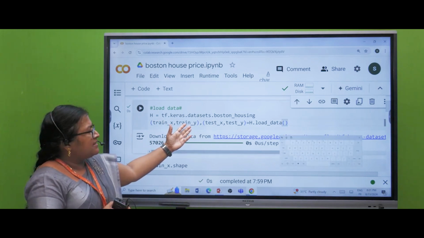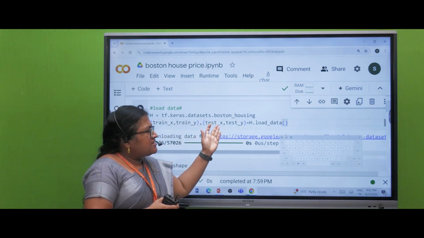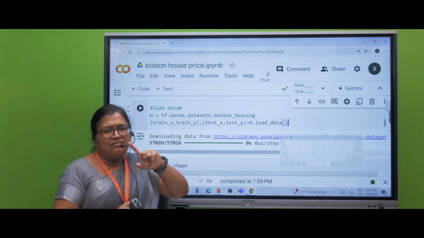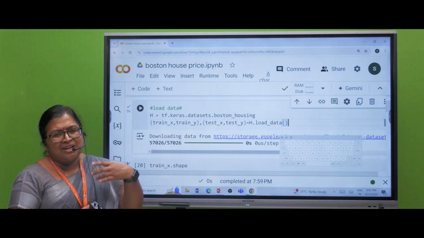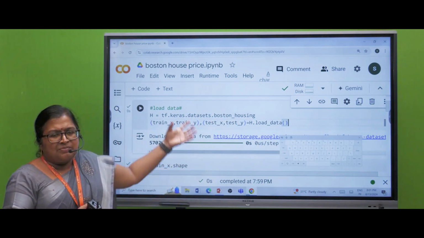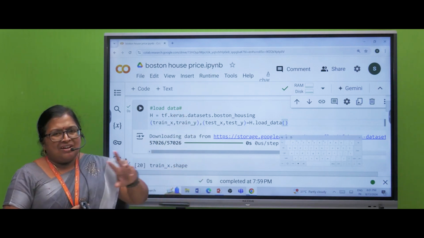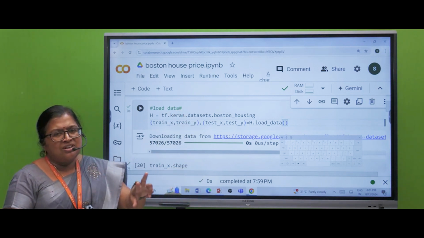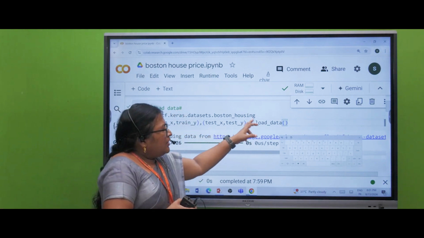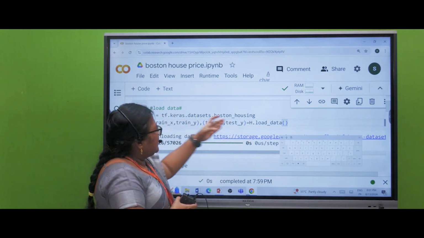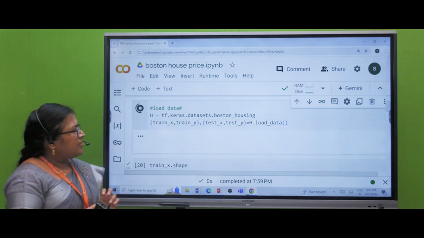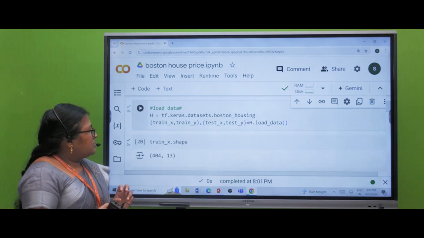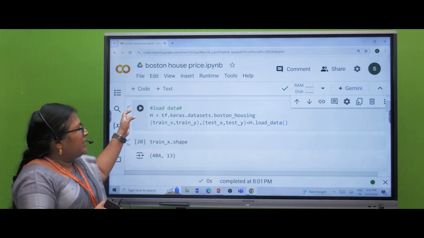For this very basic neural network project, I am considering only one feature and one label. Now I am loading the data. So I have loaded my data.